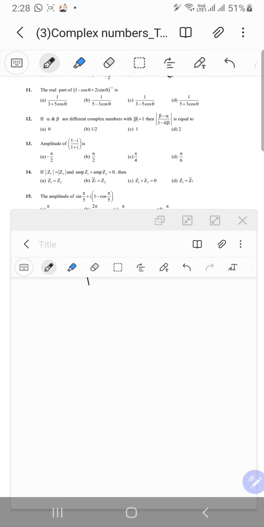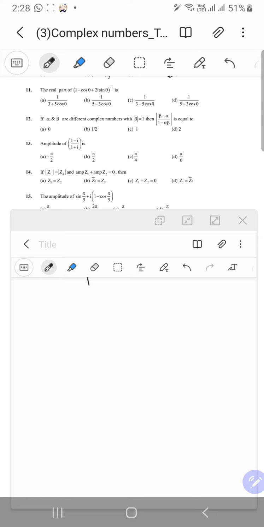The real part of (1 minus cosine theta plus 2i sine theta) to the power negative 1 is... wow, let's do it. So 1 minus cosine theta plus 2i sine theta, the real part.